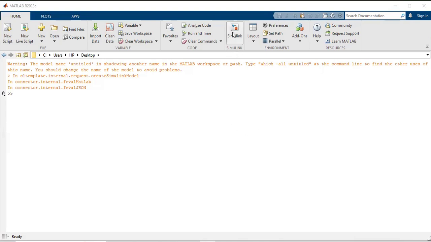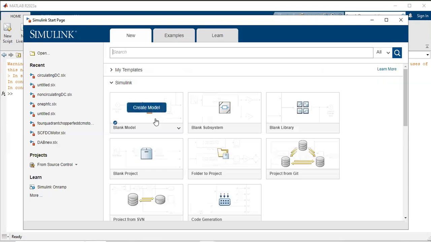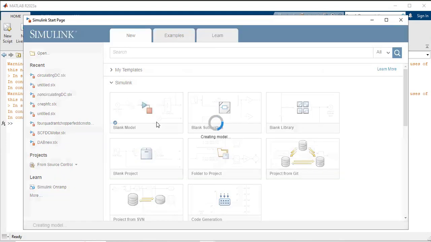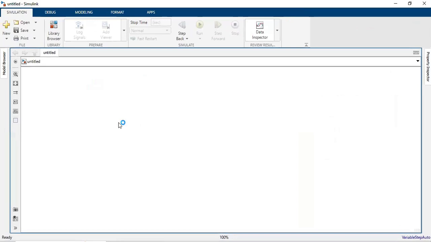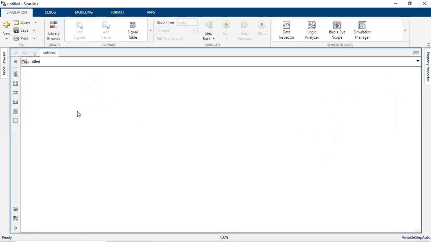So let us draw the circuit. Open MATLAB and open Simulink. Now let us create a block model. Now we have to draw the circuit.